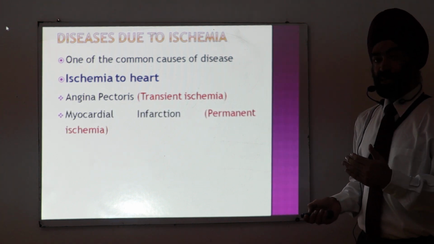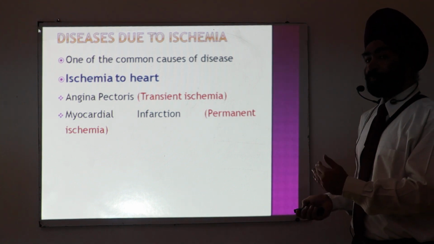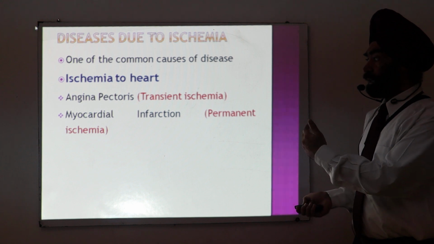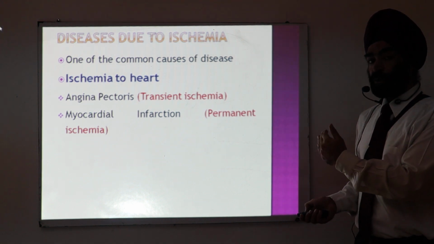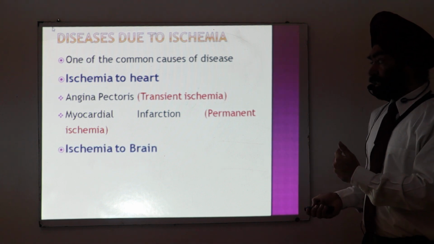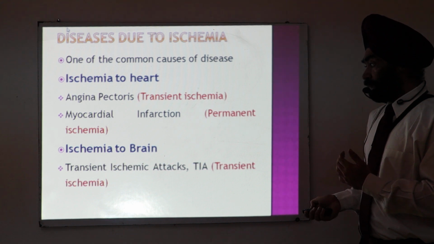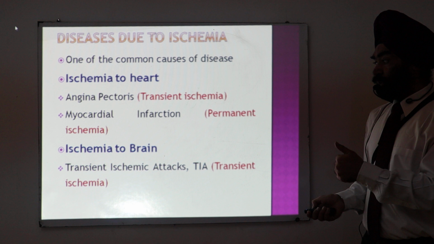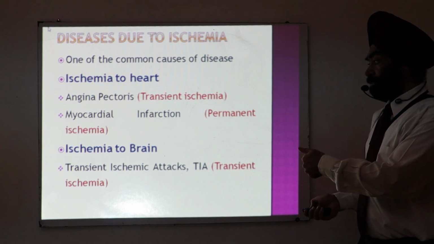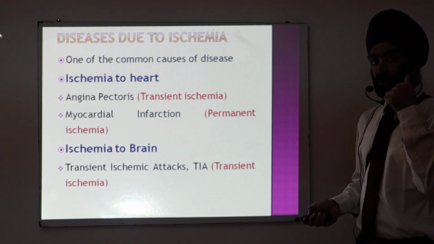But if this ischemia is there for a more prolonged period, that means if the ischemia is permanent, then we have a disease called myocardial infarction. So both are due to ischemia to the heart. Similarly, if this kind of ischemia takes place in the brain, and it is temporary, transient, for a short period of time, then we use the term transient ischemic attack, in short TIA, transient ischemia to the brain.